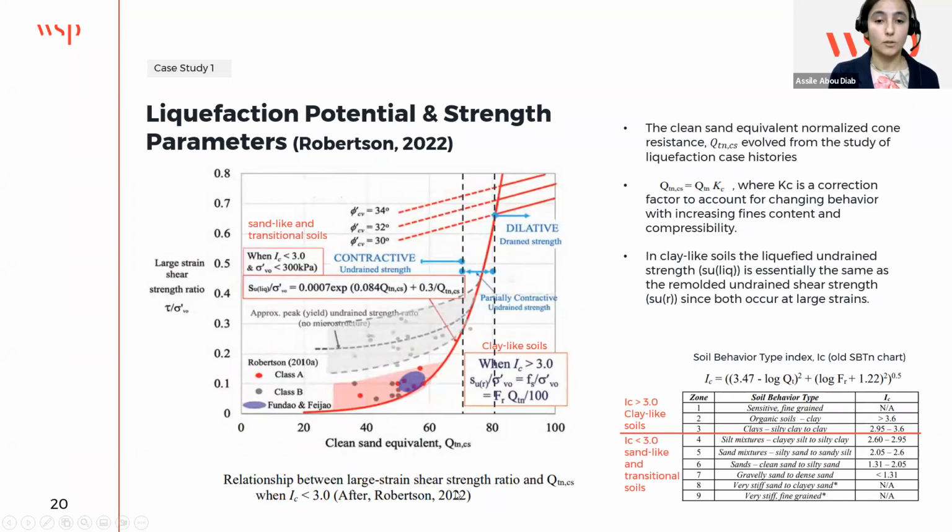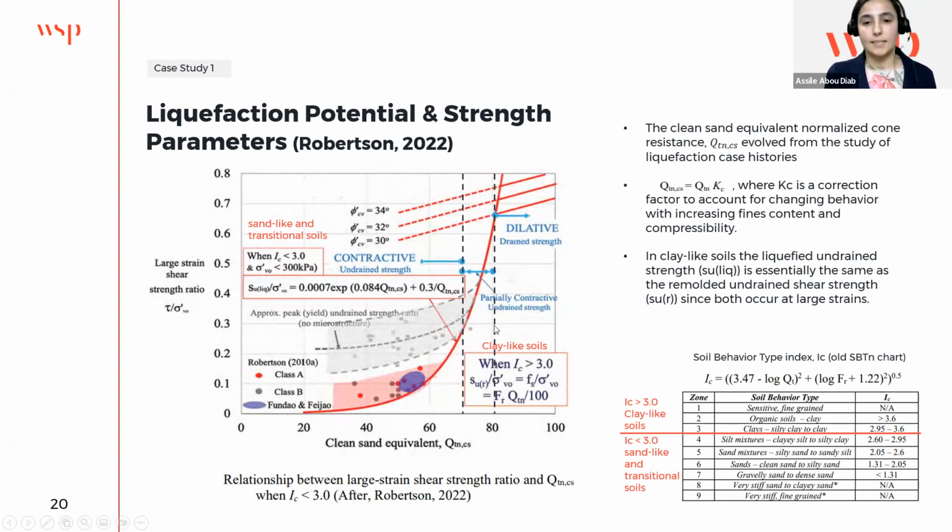So Robertson developed this correlation of Su/σ'v as a function of Qtn,cs in order to represent the Su/σ'v ratio of sand-like soils with Qtn,cs less than 80. So mainly points with Qtn,cs less than 70 are contractive and the underlying strength governs the design.